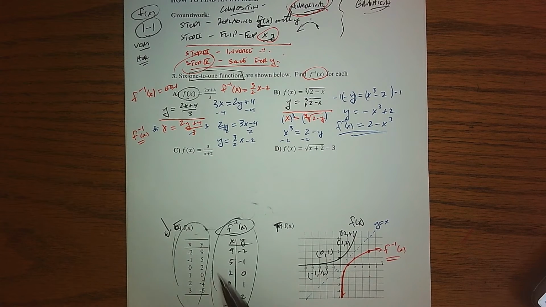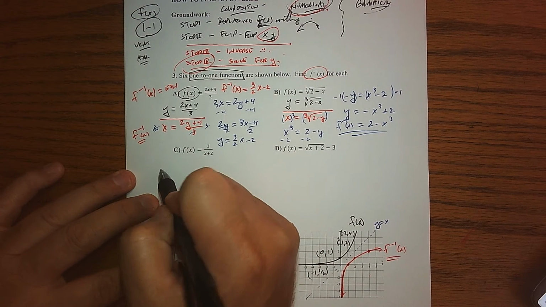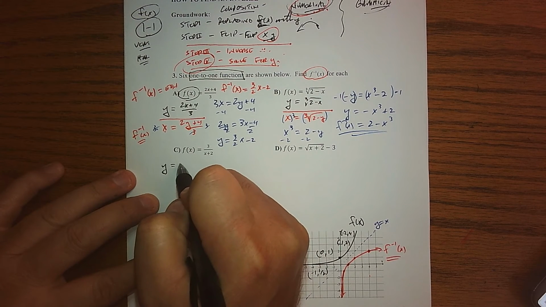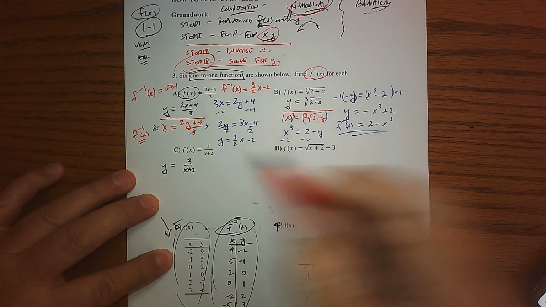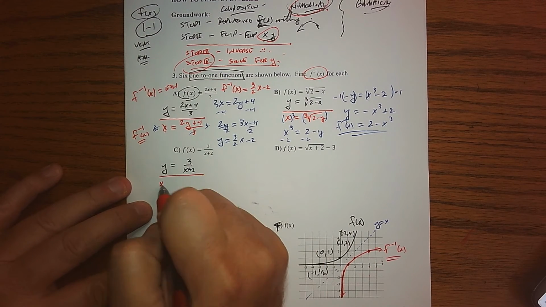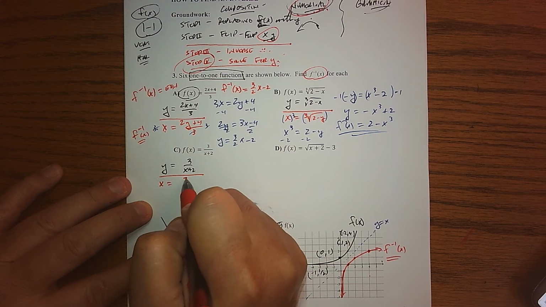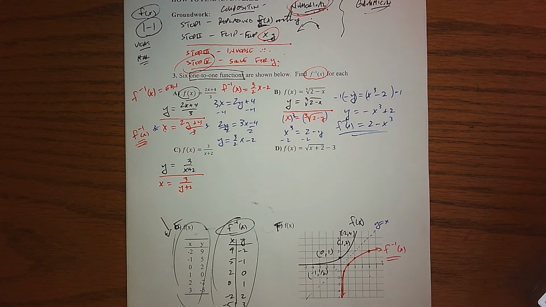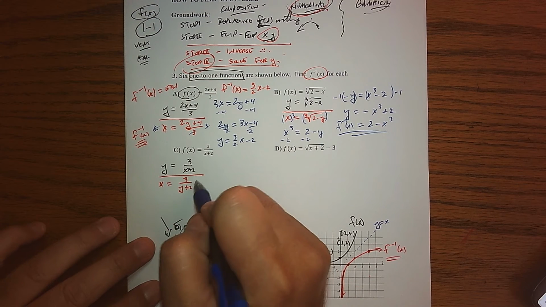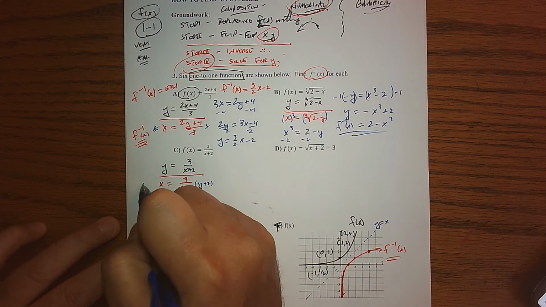So what about the next one? Well, again, we begin our journey by replacing f of x with y. And then what I do is I flip-flop those roles. So wherever I see a y, I replace it with x. And wherever I see an x, I replace it with y. And we now have the inverse. Problem is, though, it's not a function of x. So we got to do that. So using another pen, how about we clear the denominator out?